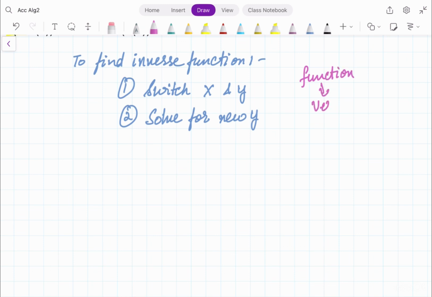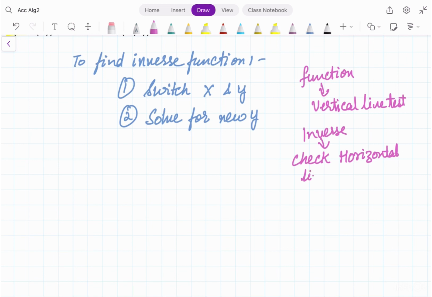Now, as I discussed, for an equation to be a function, it should satisfy the vertical line test. This is my prerequisite. Now, if it is a function and if it has the inverse function as well, then we need to check the horizontal line test and one-to-one function as well.